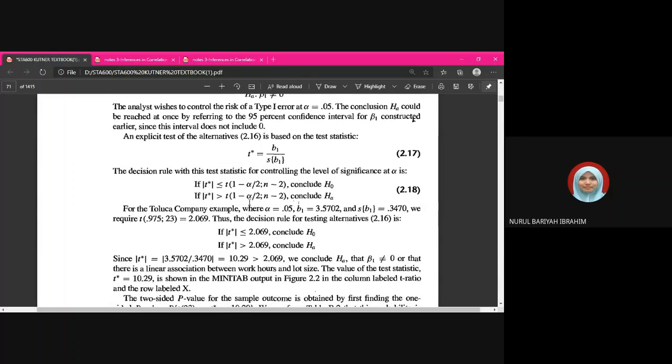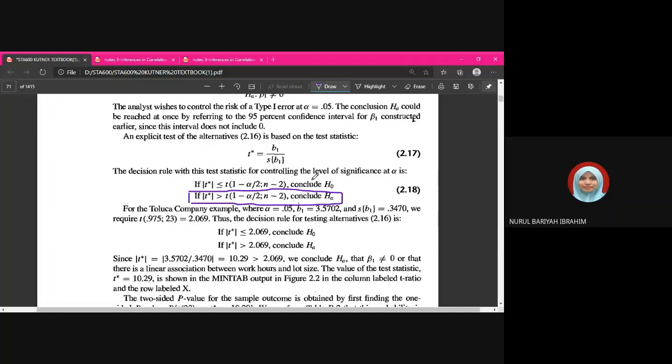Okay, how about the decision rule? We will reject H0 if the absolute value of the test statistic t is more than the critical value from the t table. Here it is the same as before: if you are using the red statistical table, it will be t alpha over 2, n minus 2. If you are using the table at the back of the textbook, it is 1 minus alpha over 2, n minus 2. So we will reject H0 if this holds.